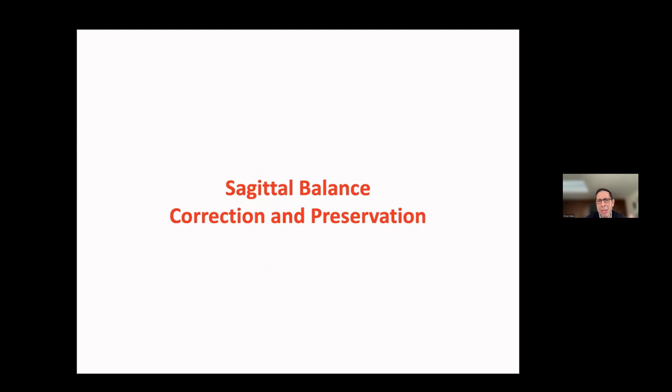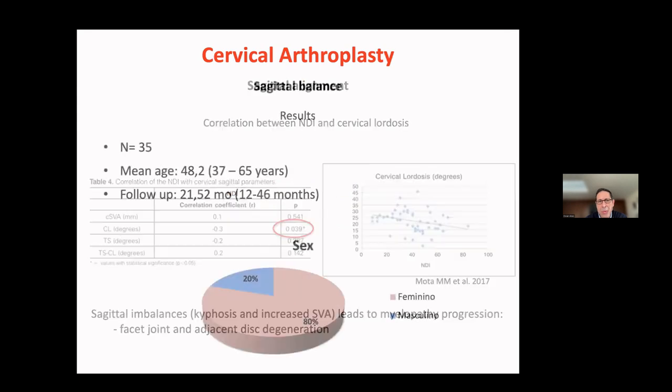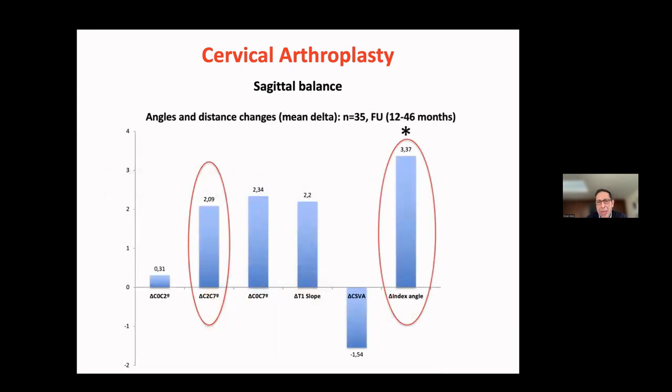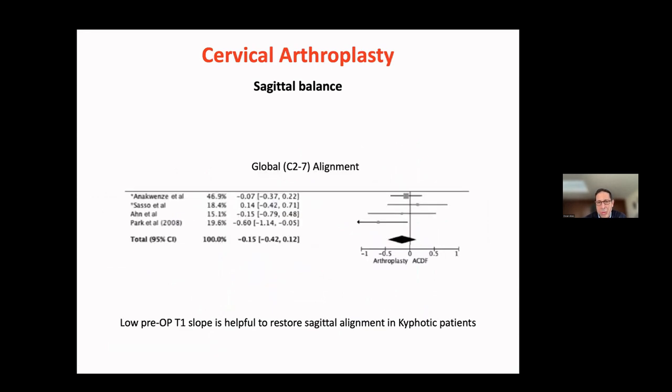It also allows me sagittal balance correction and preservation. It's important, because that's how you stop myelopathy progression, by doing a good correction of imbalances with your surgery. In 35 patients, we promoted a good index level alignment and also global alignment. The increase in global lordosis was derived from an increase of index level lordosis, and this has been supported by this meta-analysis. Of course, if you depart from a low preoperative T1 slope, it will be easier to restore sagittal alignment in kyphotic patients.